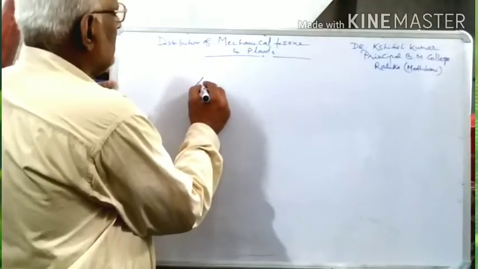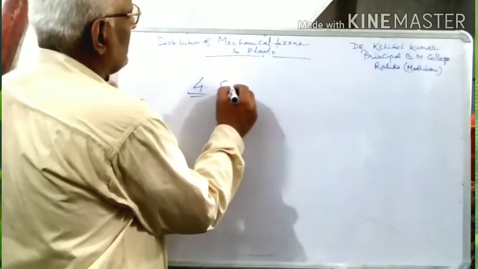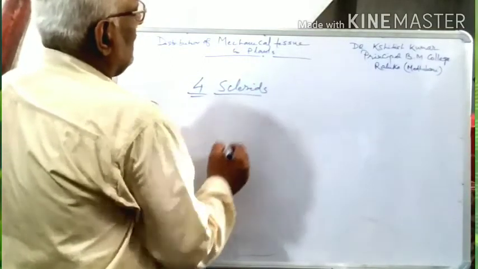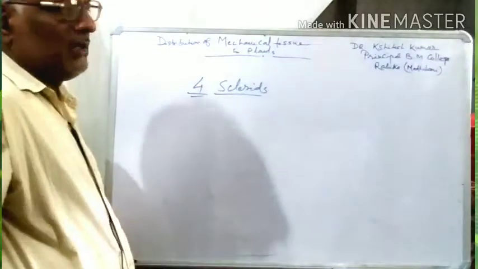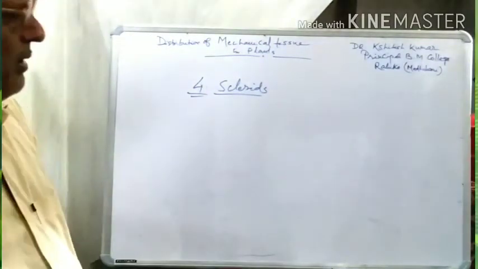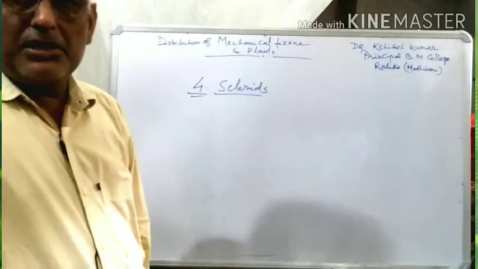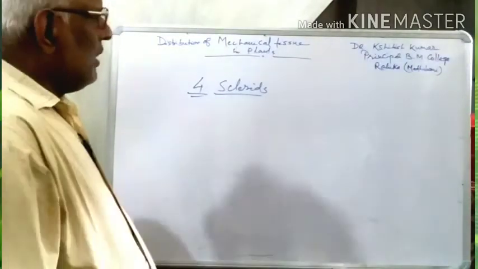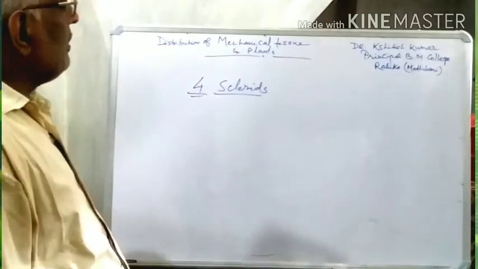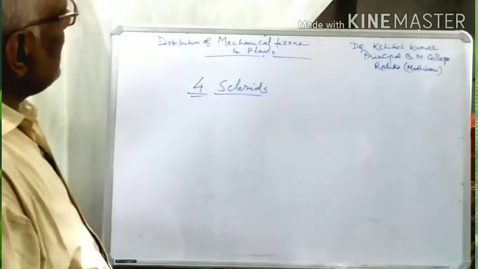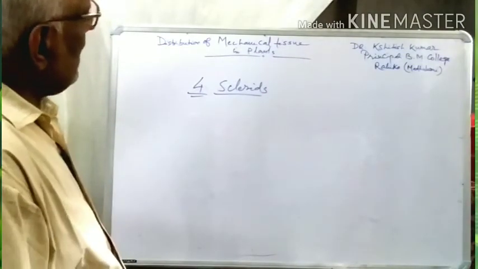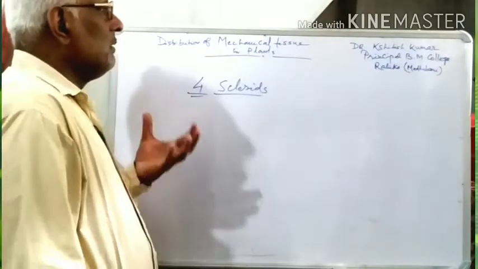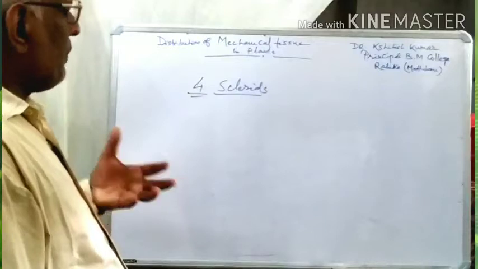The next is the sclereids. Sclereids are sclerenchymatous tissues which are found generally in the seed coat, and in some fruits also.